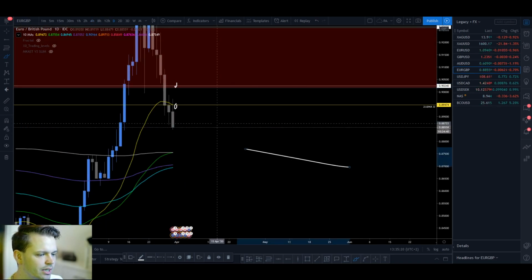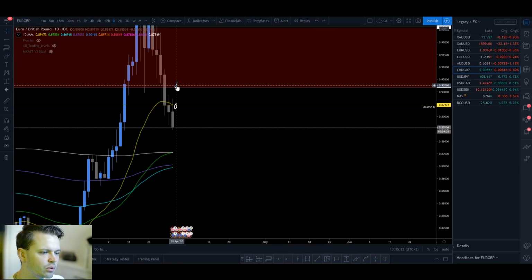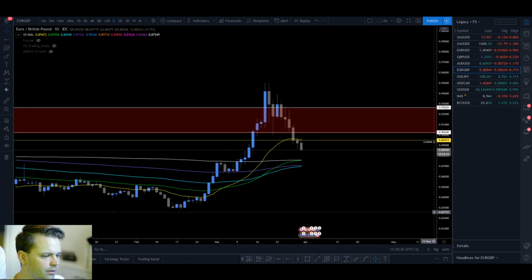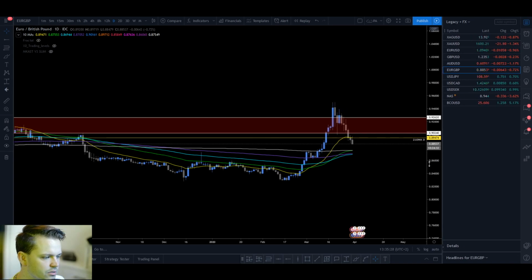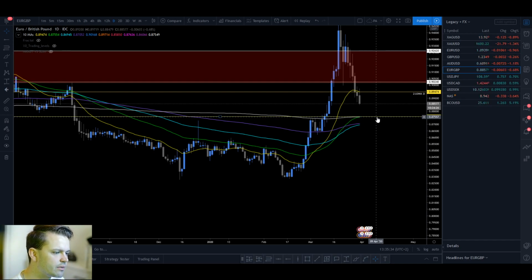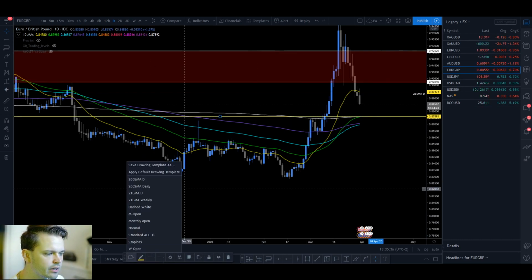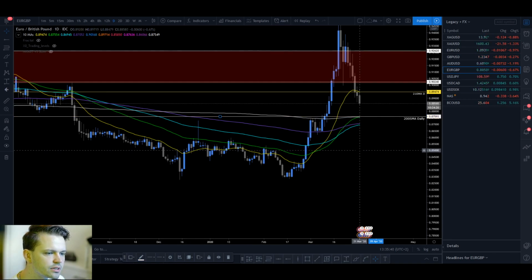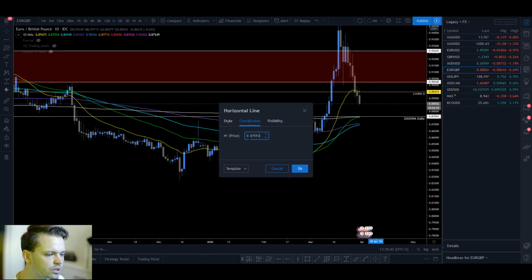If we reclaim that 21 EMA on a daily closing basis, I would probably want to long this pair. So right now I'm going to watch the 200 simple on a daily, this area down here. That's the one I'm going to watch closely.